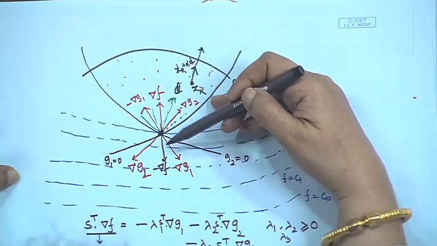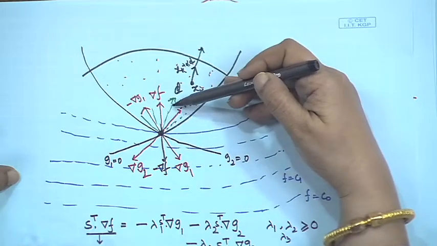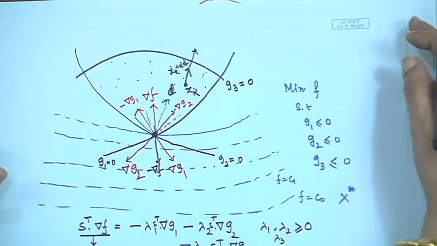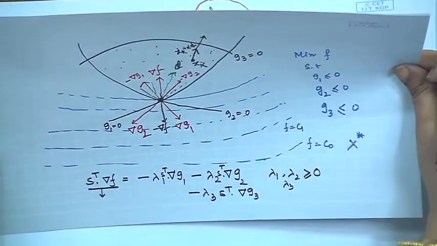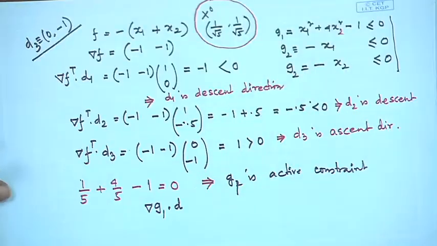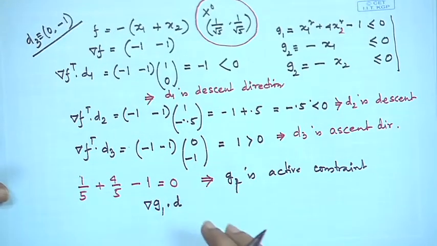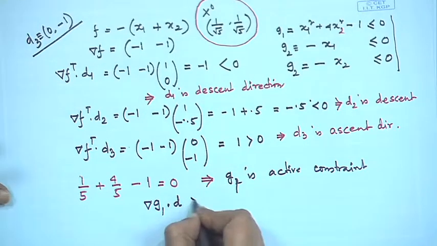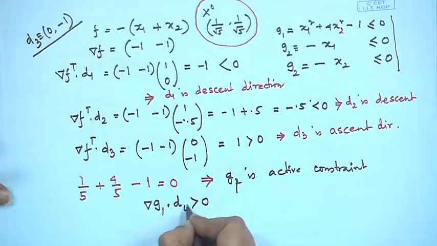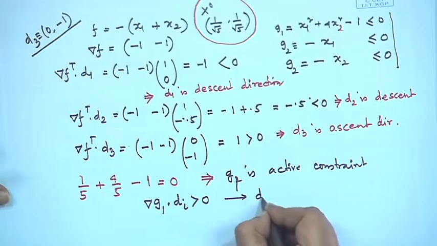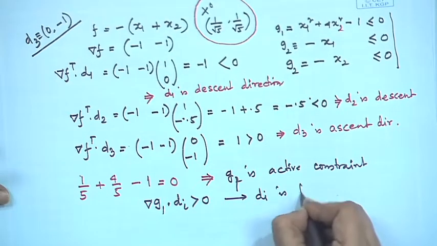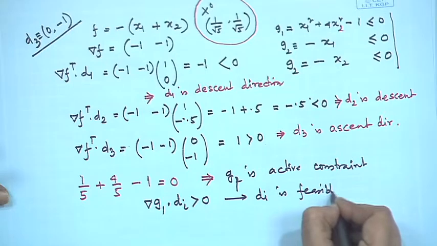Now, grad G1 with this direction is making the obtuse angle. If we can show that this is greater than 0, then we can say that Di is a feasible direction.